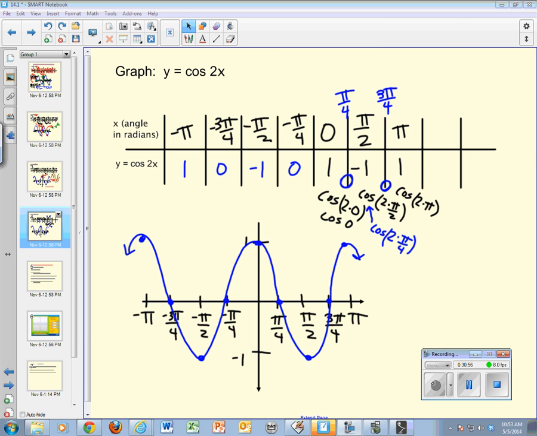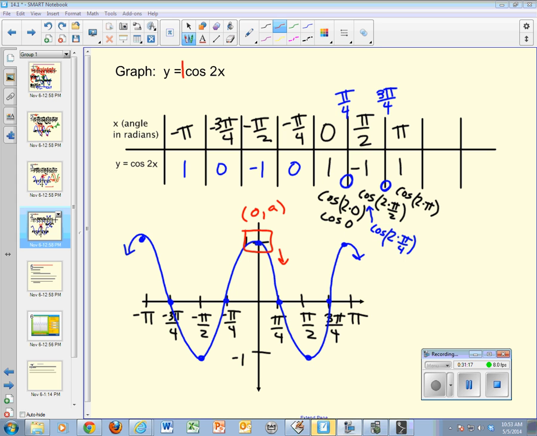Anyone have questions on the shape of this one? Still that same W shape, right? Still has a point here of 0, A, where A is 1. And then from there, as you go to the right, it goes down. So that's what cosine looks like.